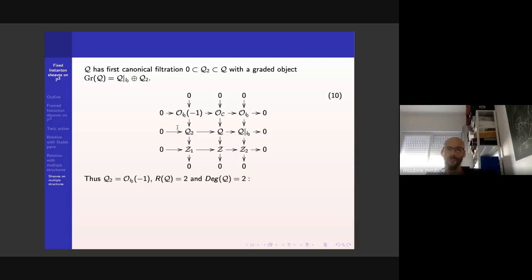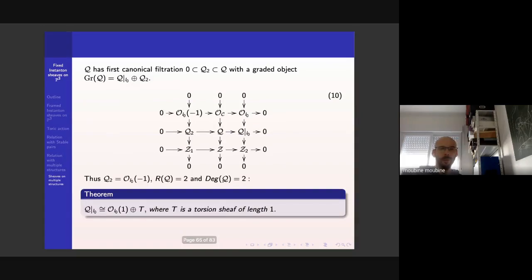One can prove that Q2 in the filtration of Q is given by OL minus 1, and so this will have generalized rank 2 and generalized degree 2. This is the charge of the instanton, 2 in this case. Okay, and one can prove that the restriction to the line is given by OL1 plus some torsion sheaf of length 1.